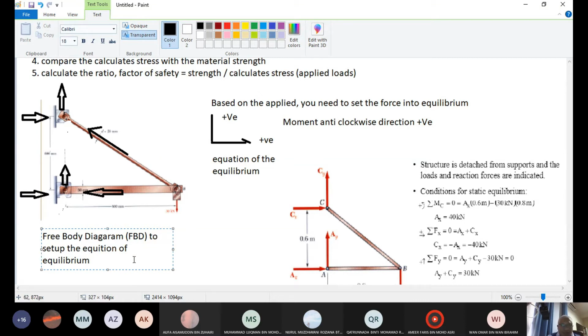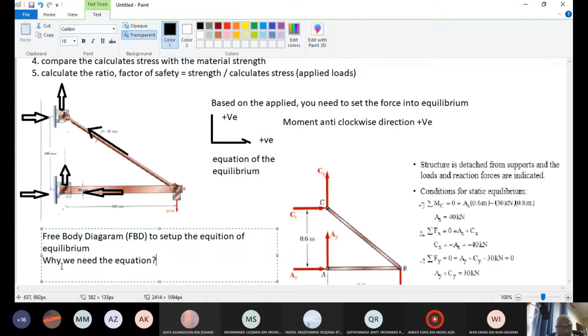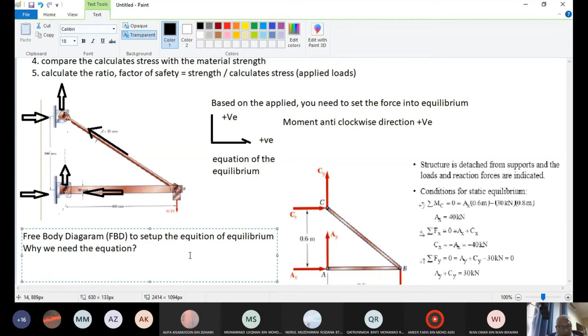Then the question: why do we need the equation? Because we need to determine the forces on each member.